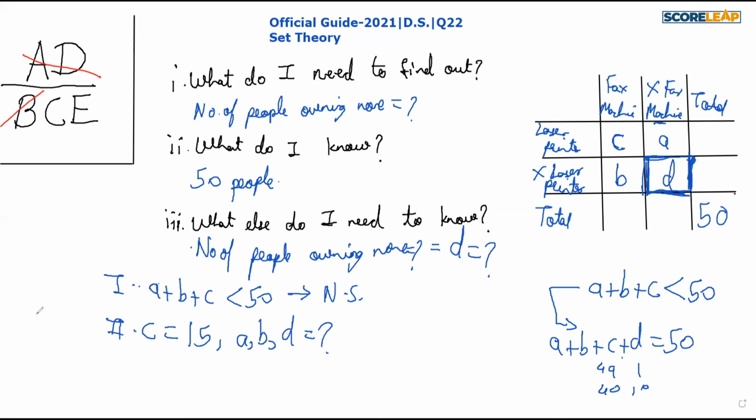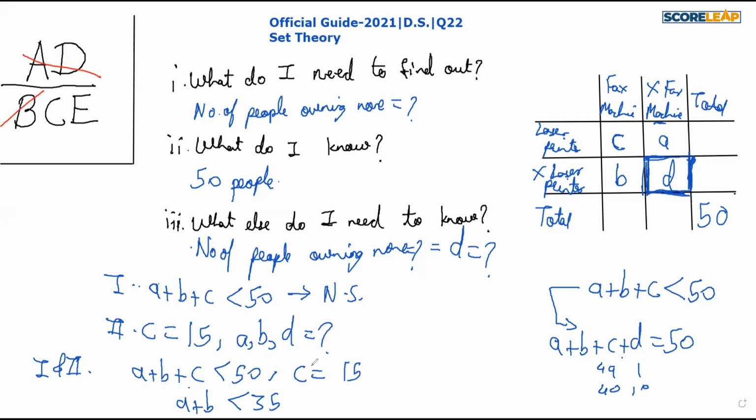Now let us club both of them. Whenever both statements are not sufficient individually, we club both of them. By clubbing both, we can say that A plus B plus C is less than 50 and C equals 15. So A plus B is less than 35.